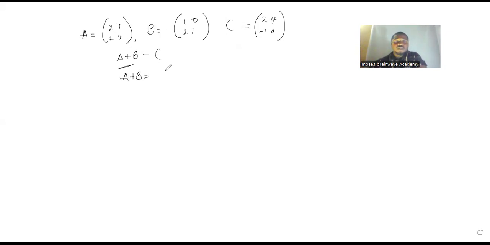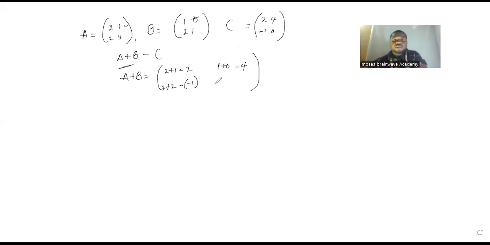2 plus 1, and then minus C, which is just going to be minus 2, which is straightforward, right? Then the next entry will be 1 plus 0, minus 4. Then we have 2 plus 2, minus minus 1.